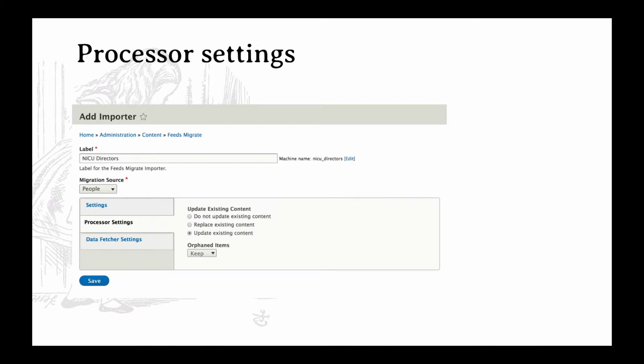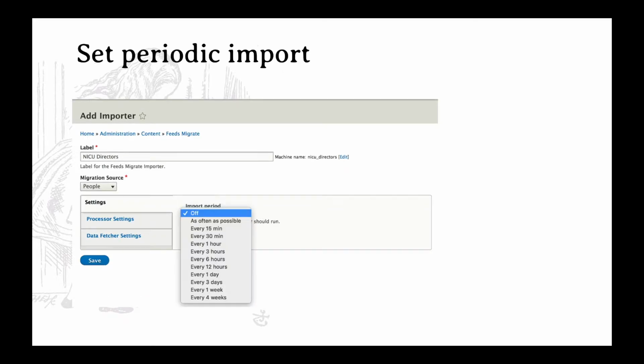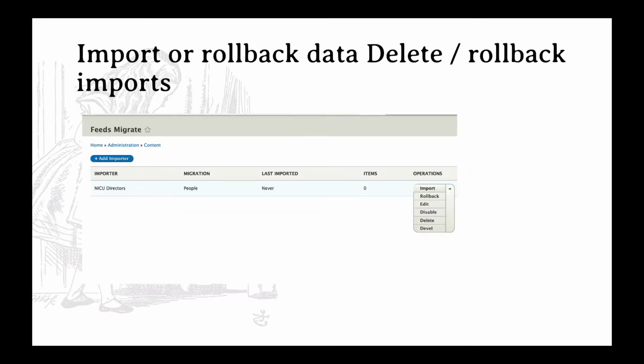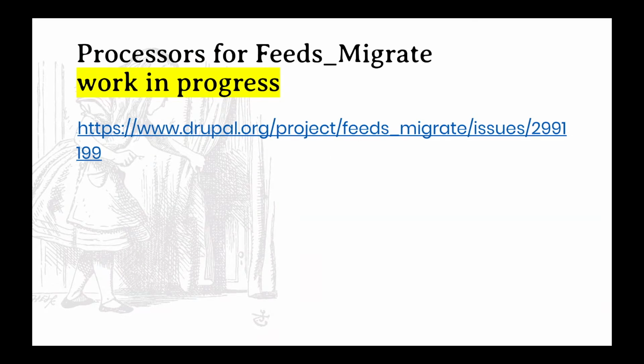For example, we want to pull data from Yahoo every day, and we want to pull from Drupal news once a week because we know they're not updated. We care about some other things. And then, of course, we want to be able to very carefully roll back, delete, or stop migrations.